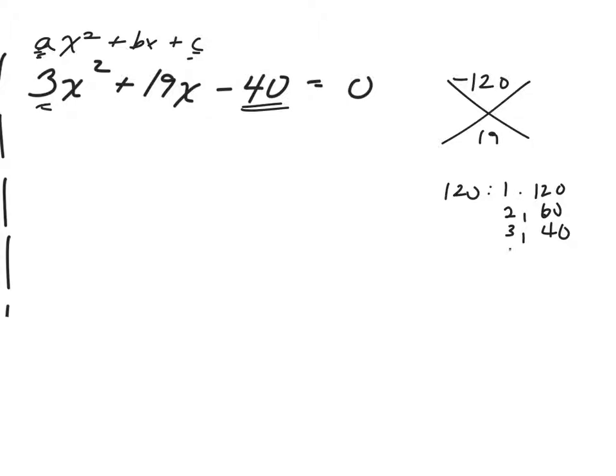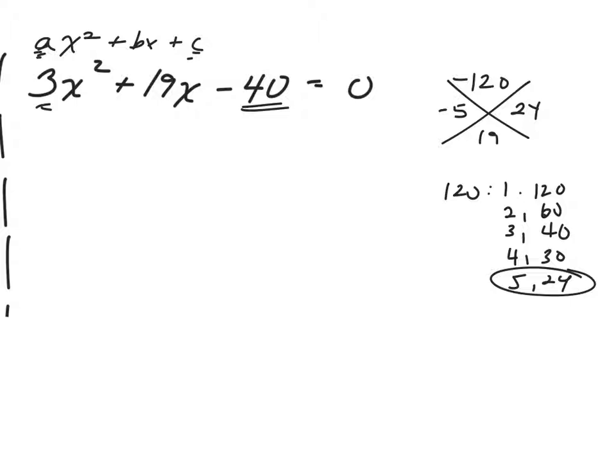I keep going, 4 and 30, which make either 34 or 26, still not 19. So I go to 5, and 5 and 24. I either make 20 or 29, or I can make 19. There we go, there's my pair. So I can make 19 and negative 120, presuming that my 24 is positive and my 5 is negative.